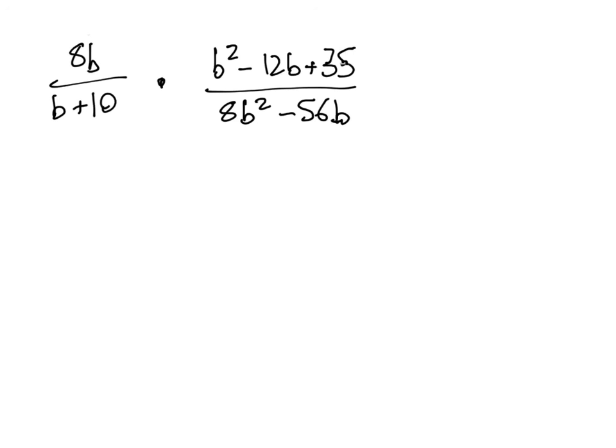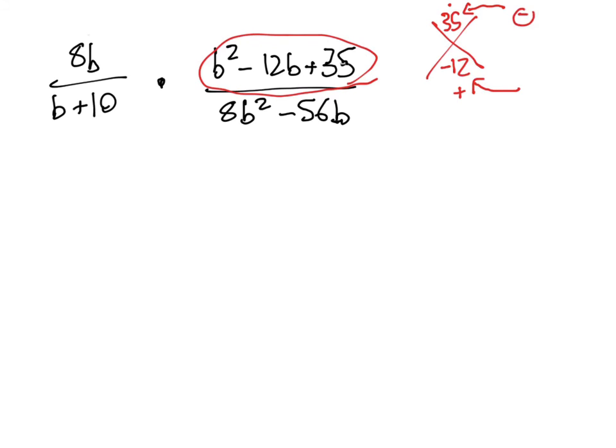We can, though, factor the expression we have in the numerator here. Since this is a trinomial, we can look for a pair of factors that will multiply to equal 35 and add to equal negative 12. If the number that we are trying to add to get is a negative number, but the number we're trying to multiply to get is a positive number, the only way that we could accomplish that is using a pair of negative numbers.